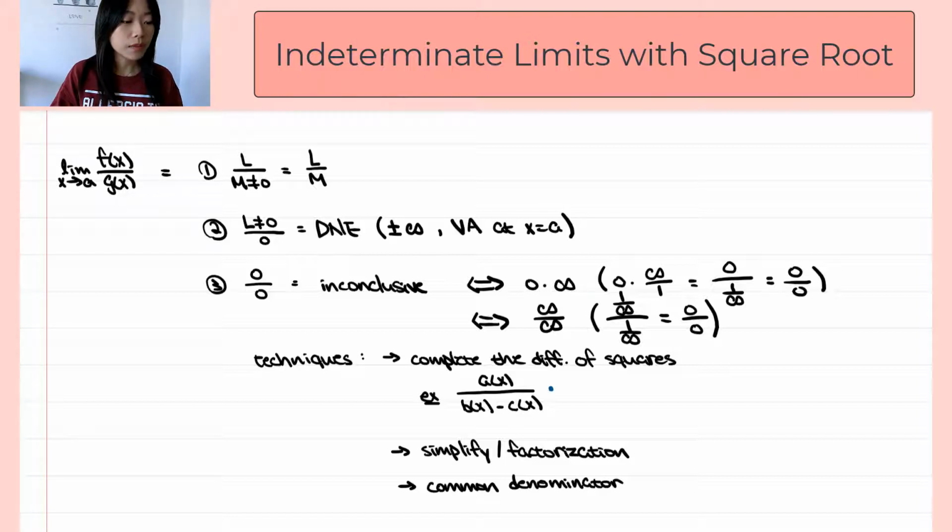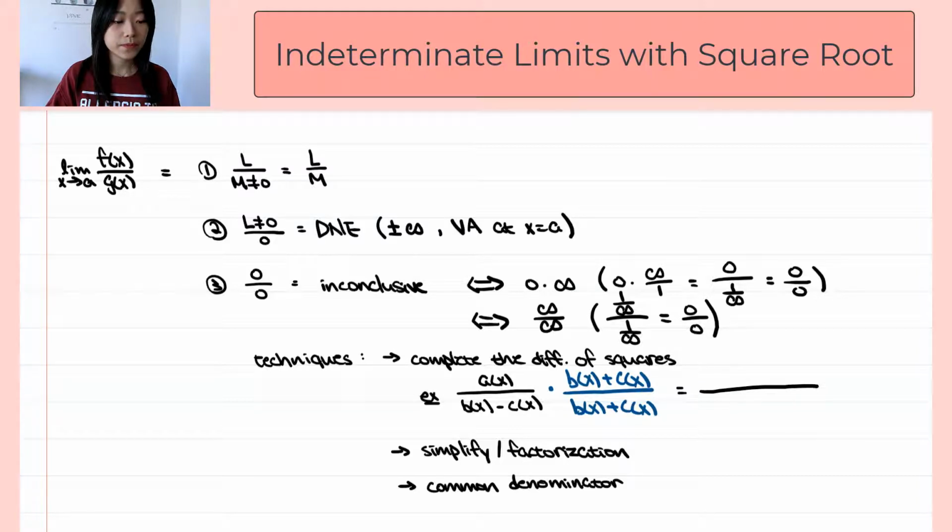So we multiply by b of x plus c of x divided by the same term, b of x plus c of x. Then the denominator becomes b of x squared minus c of x squared. In the numerator, you simply multiply the f of x by b of x plus c of x.